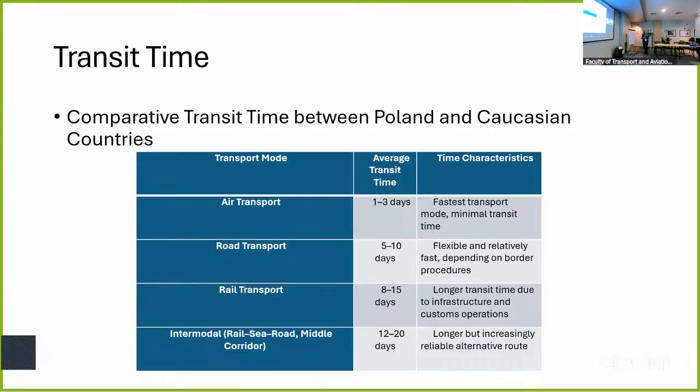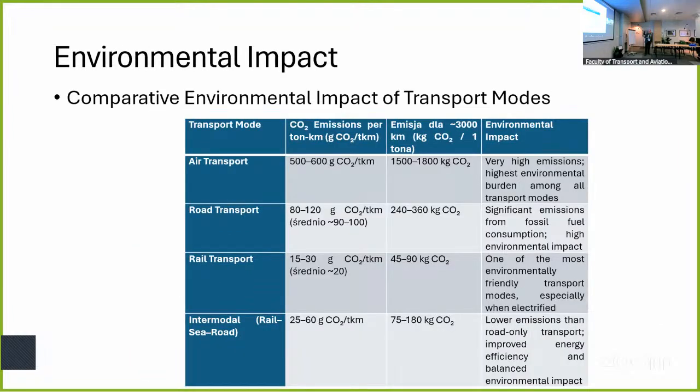It depends on products, and depends on priority. We can also use the best solution if we think about the time. About the environmental impact, also the CO2 emission, we can notice that air transport is the highest, and the best for the environment is railway transport.